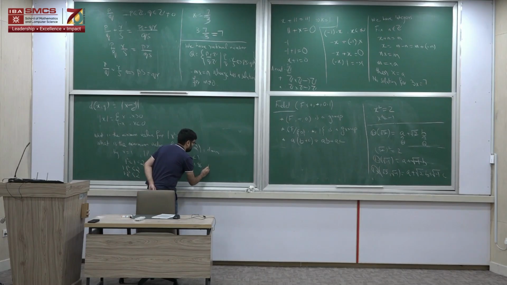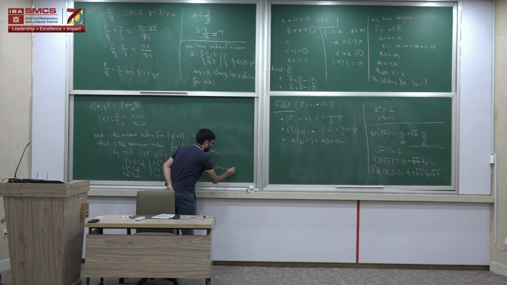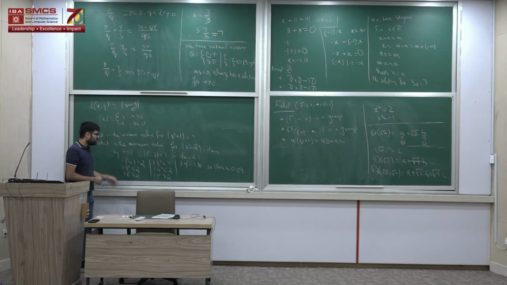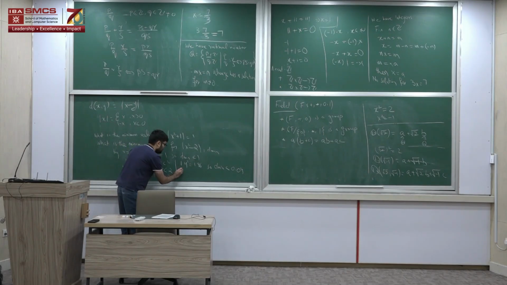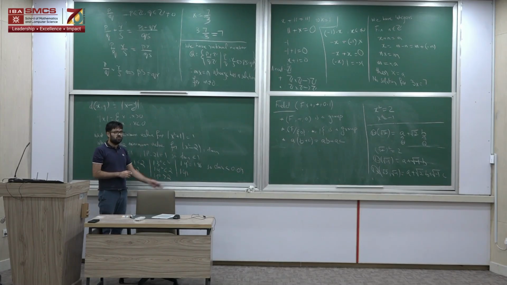So d min is at most 0.04. But I know I may be able to do better by checking some numbers between 1.4 and 1.5. So I check 1.41, which is still less. And 1.42?